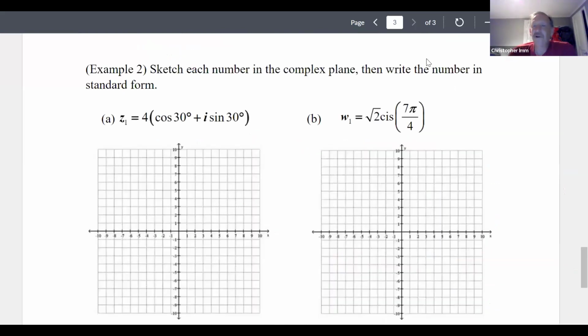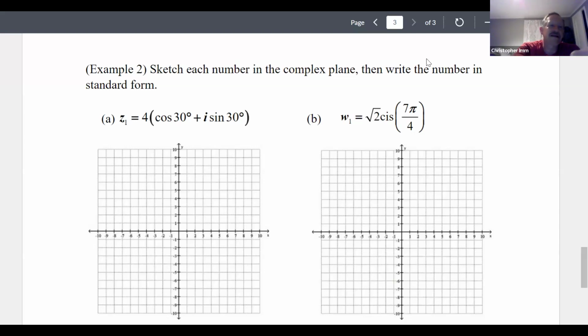In this part, we're going to convert our numbers from trig form back into a standard form, and we're going to go ahead and plot these. So the first thing we're going to do is sketch them as they are in trig form. So what we want to do is think about that modulus of 4, but this is spinning 30 degrees from the positive real axis.